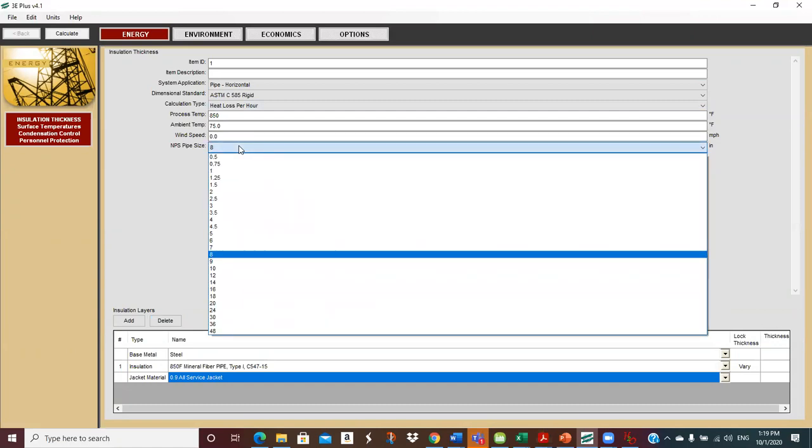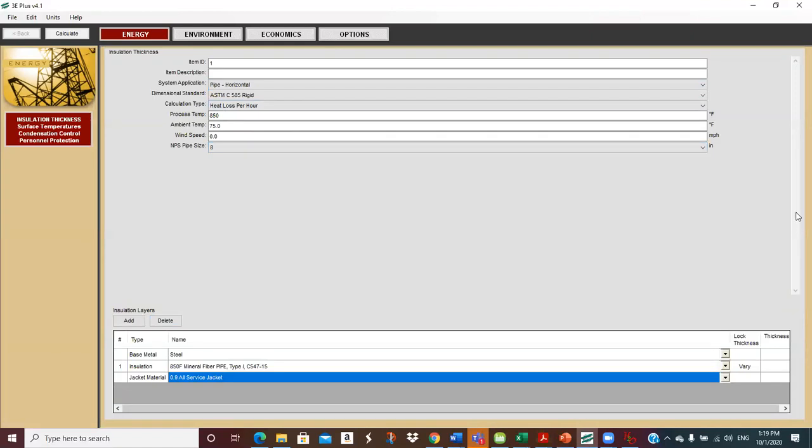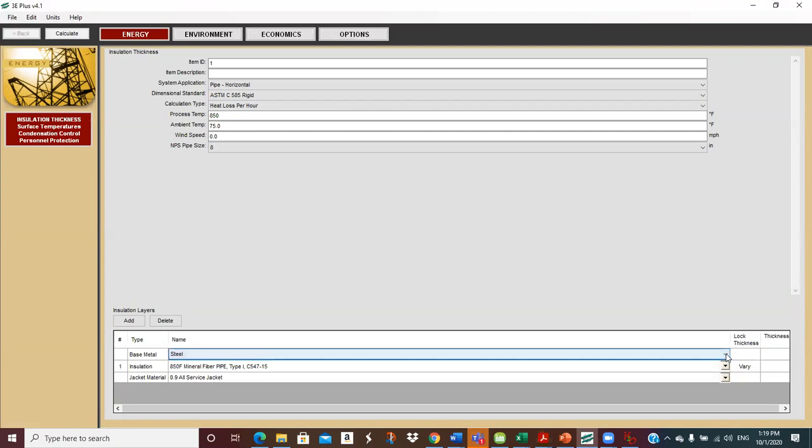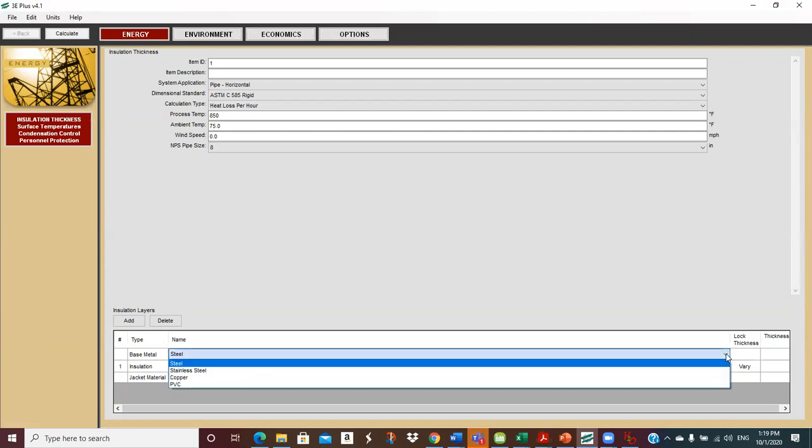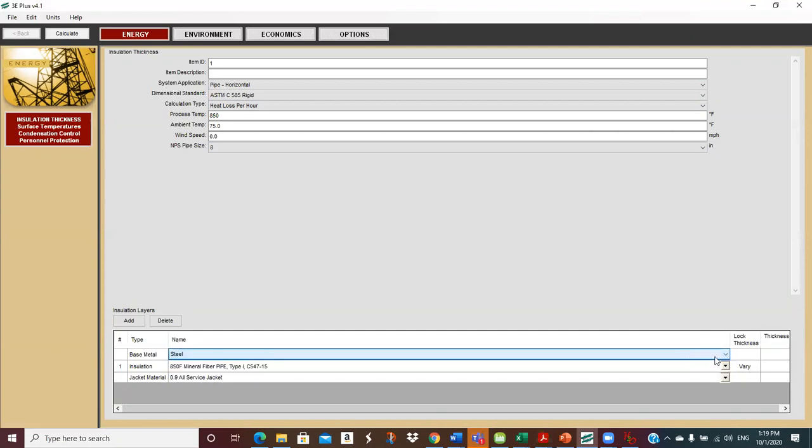It's got a whole bunch of them in there. We got steel, stainless, copper, PVC built in. If I want to fix it, then I just type in the thickness of insulation that I want it to analyze.